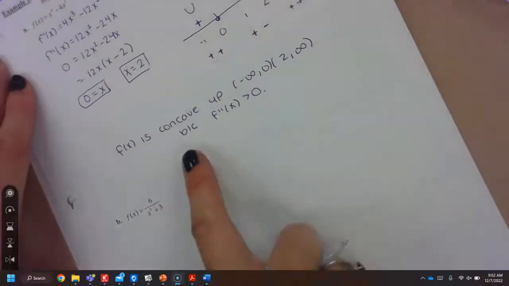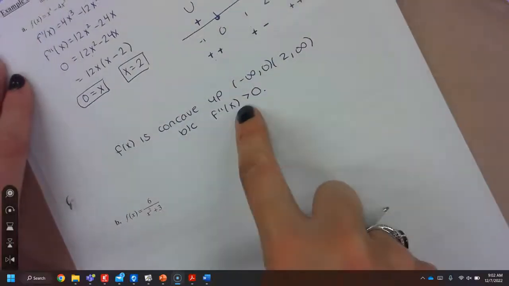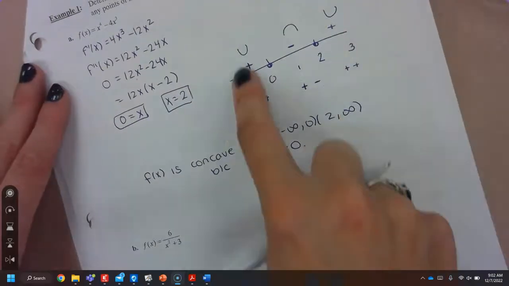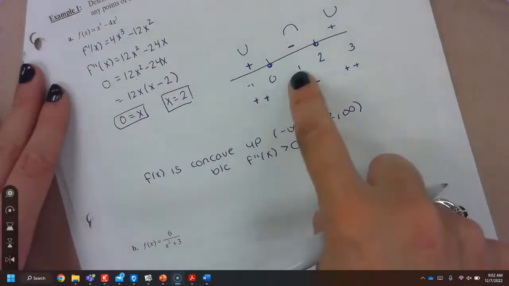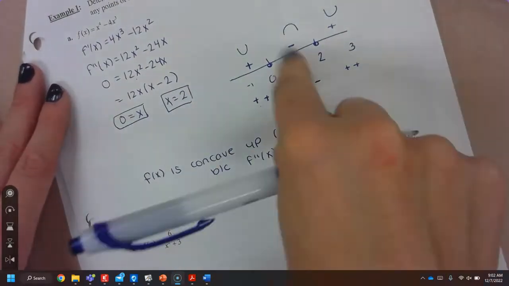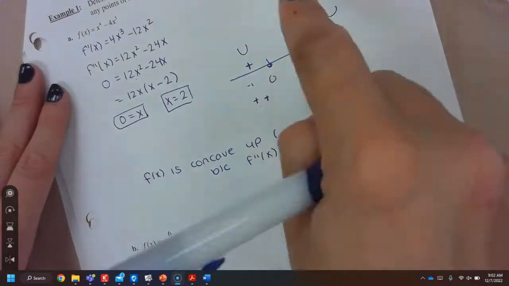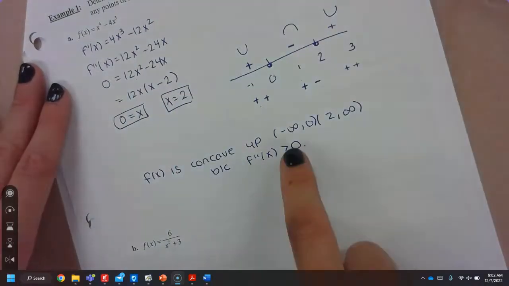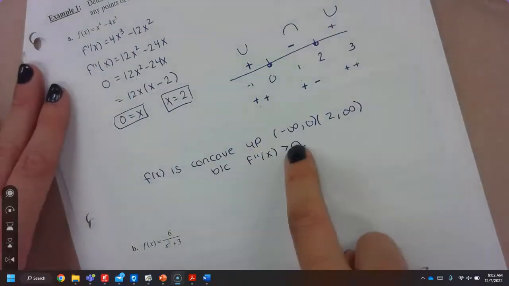So that is your justification. So if it asks you to justify your answer, you have to tell me why, kind of based off what you got from the sign chart. The sign chart doesn't act as a justification, it acts as a knowledge enhancer. Your justification is your sentence.